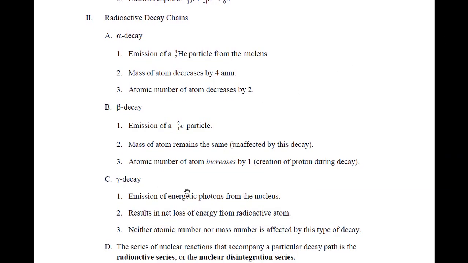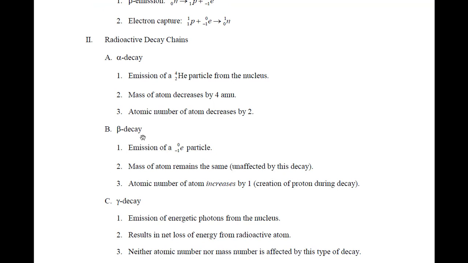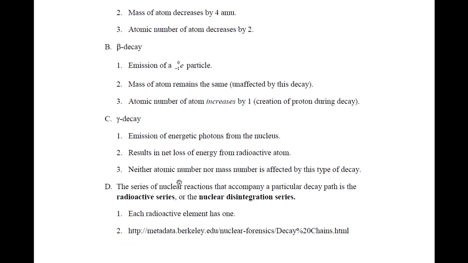And then with gamma decay, we're just losing energy. So it results in a net loss of energy from the radioactive atom, but we don't affect either the mass or the atomic number. So there are a series of these, and that's what we call decay chains.